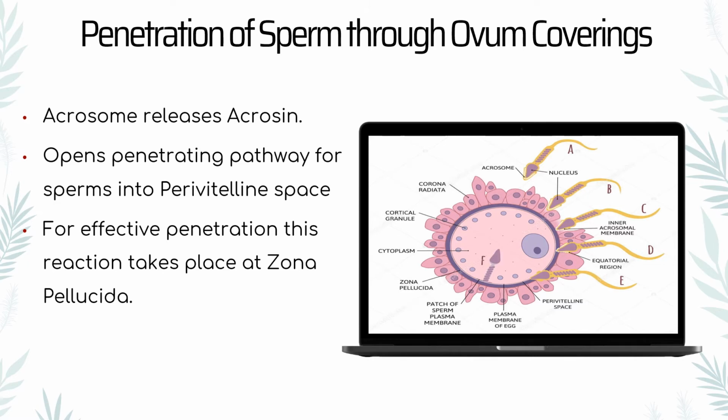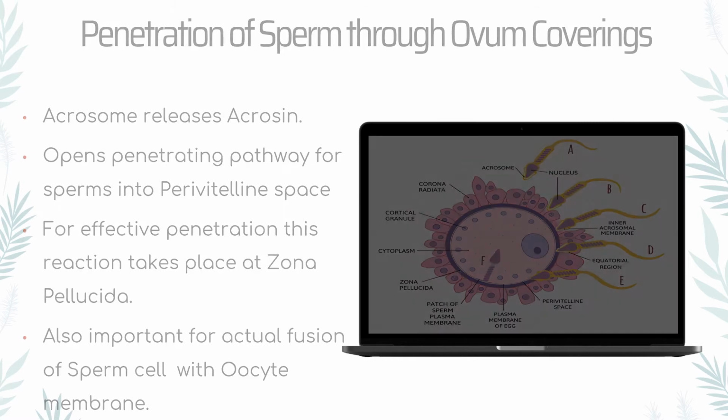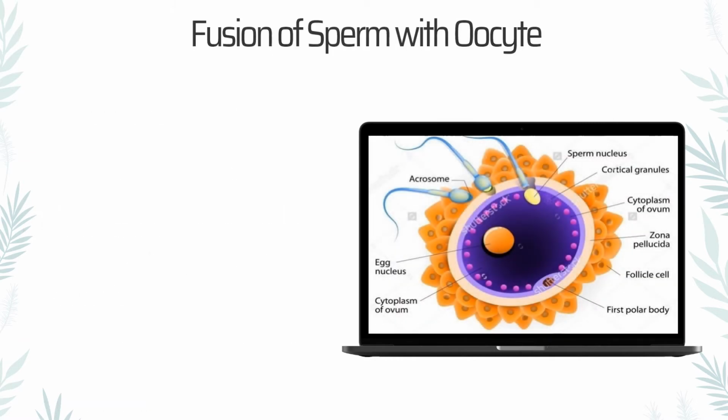If it takes place outside the zona pellucida, the sperm cannot pass through this membrane. So the acrosomal reaction is also very important for the actual fusion of sperm cell with the oocyte membrane. Fusion of sperm with the oocyte.